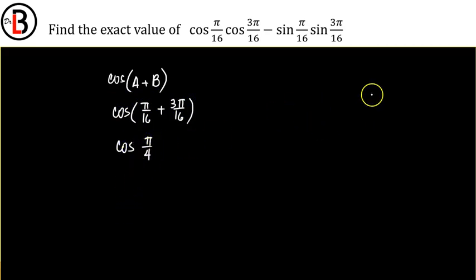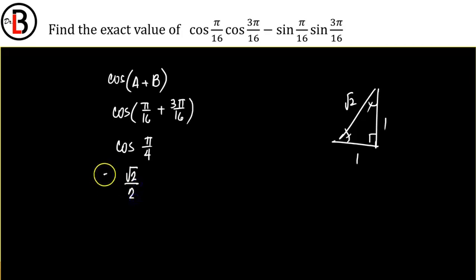That is, we can draw a 45, 45, 90 triangle: 1, 1, square root of 2. For cosine, it's adjacent over hypotenuse. If you're dealing with this as your angle, you can say that this is square root of 2 over 2. So that's the exact value.